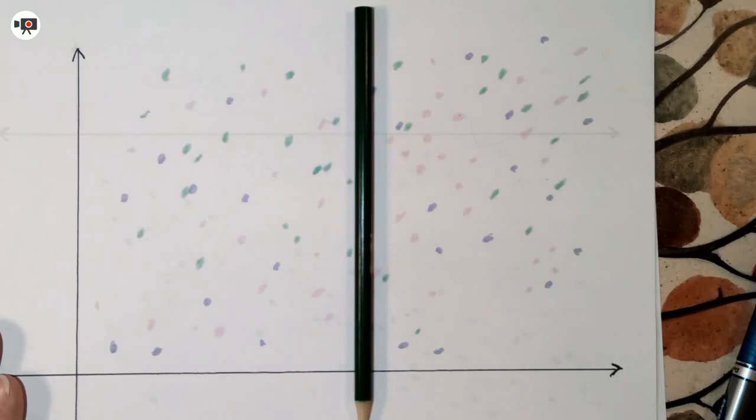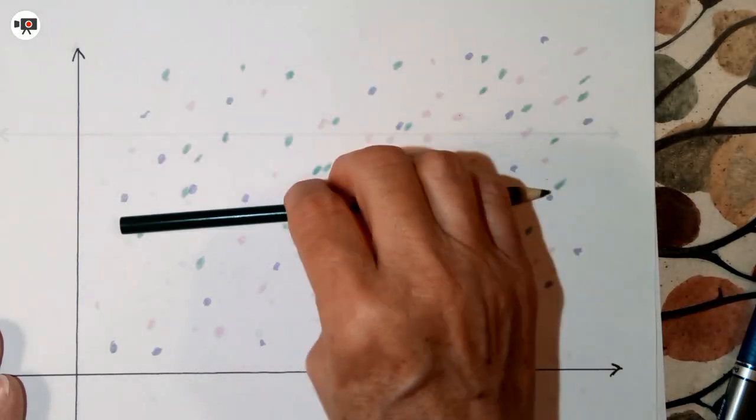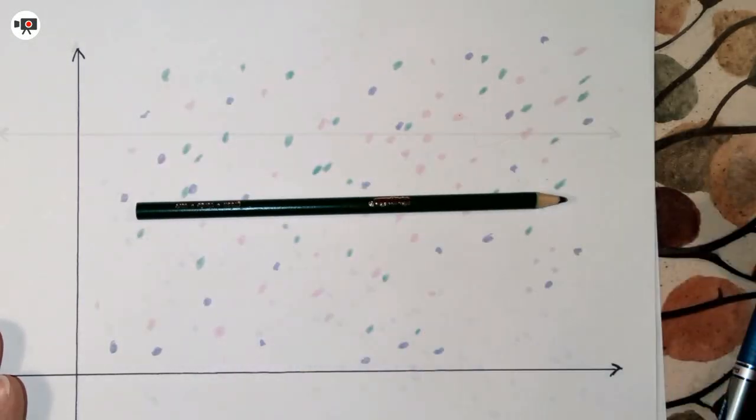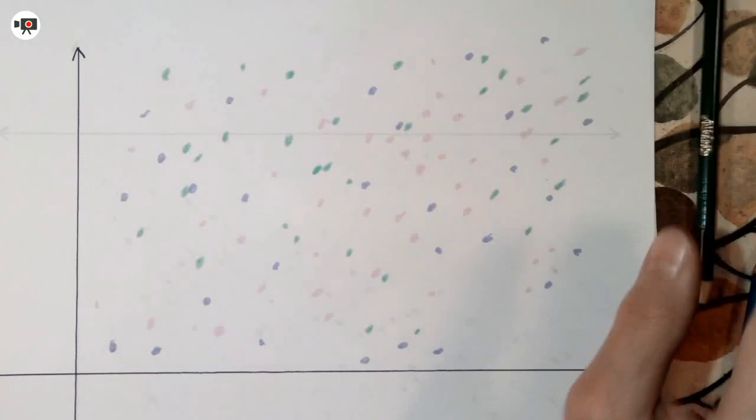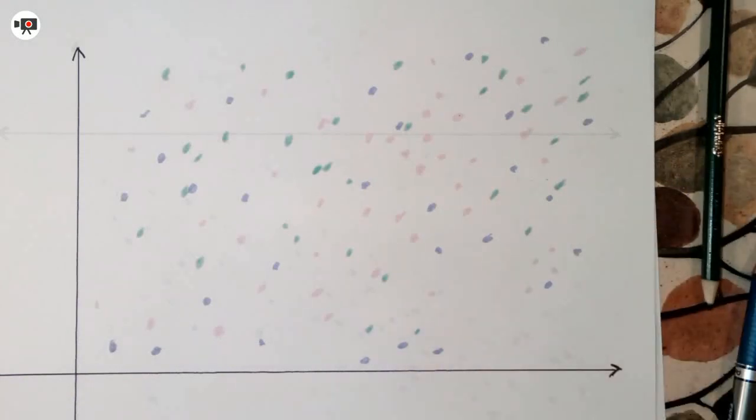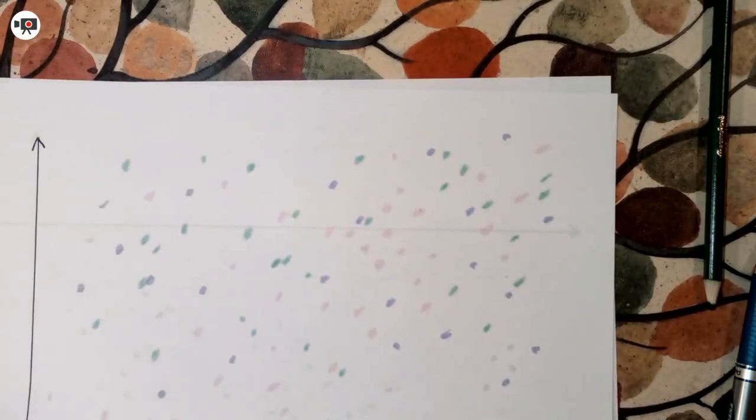I can have an argument that that's a good line. I have an argument that that's a good line. But I don't have a good argument that one is the best that I could draw. So there is no line of best fit. And we just say of this, there is no correlation. That the data does not show a pattern that we can calculate in something that's meaningful.